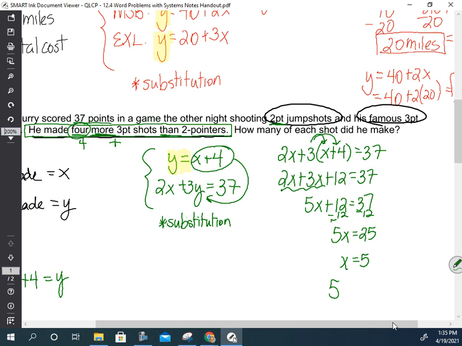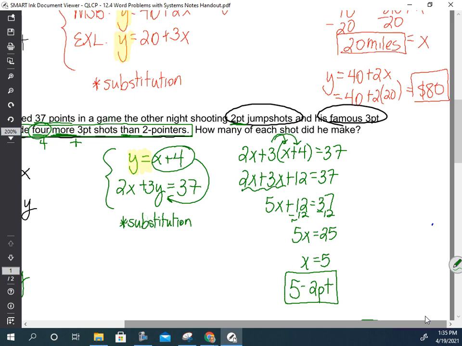So we made 5 2-point baskets. Which means for your 3-pointers, if you made 4 more 3-pointers, you had 9 3-pointers. So 9 3-point baskets. Simple enough. Questions on example 2?